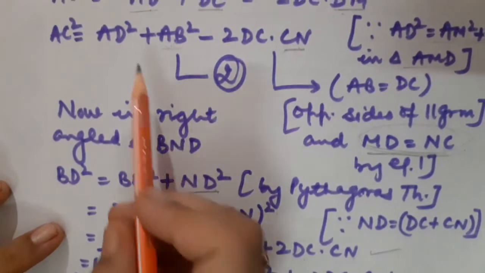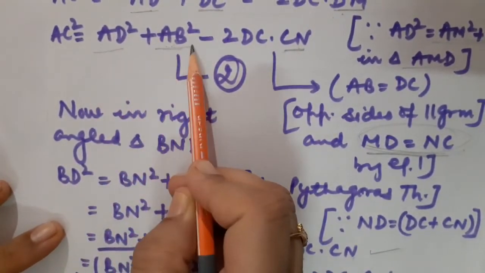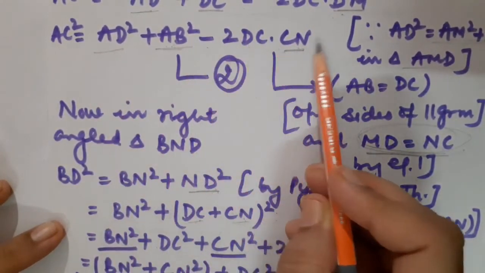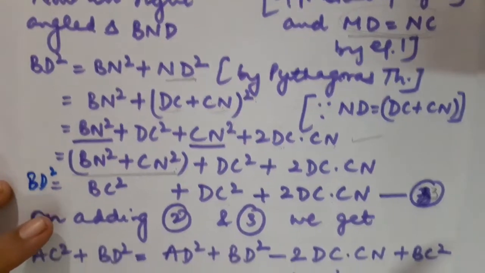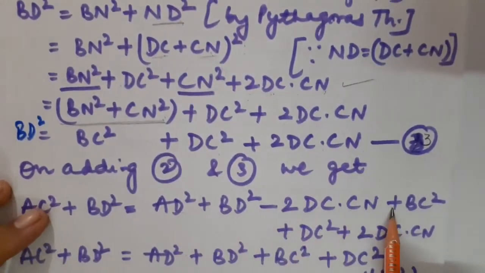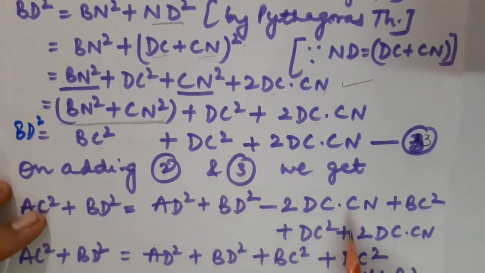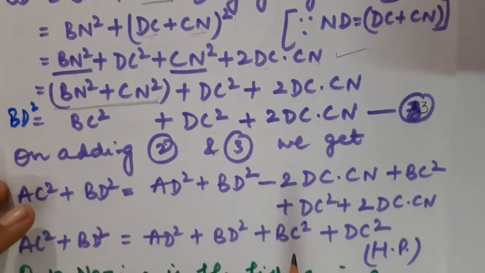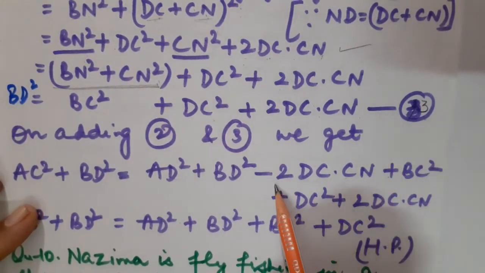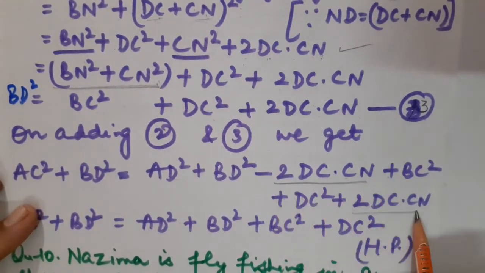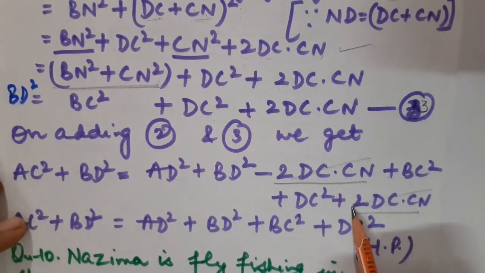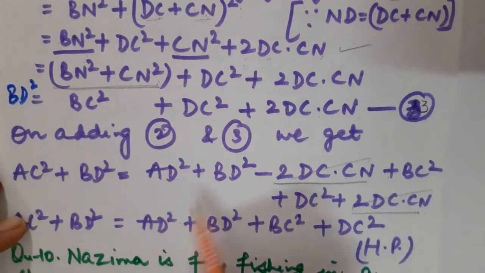Now here I have got AD square plus AB square minus twice of DC into CN. The same thing I have written over here. Plus BC square plus DC square plus 2 times DC into CN. Got it? Okay. Here you saw that twice of DC into CN, here also twice of DC into CN. They both are with a different sign, so are going to be cancelled. So I have got AD square plus BD square plus BC square plus DC square.